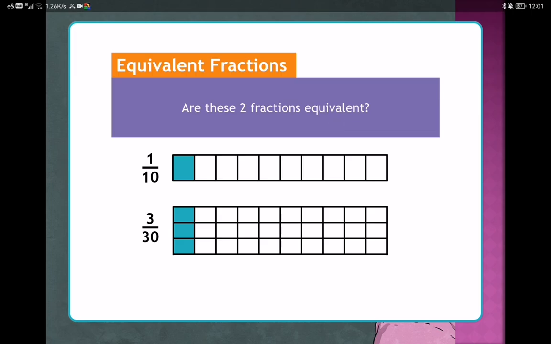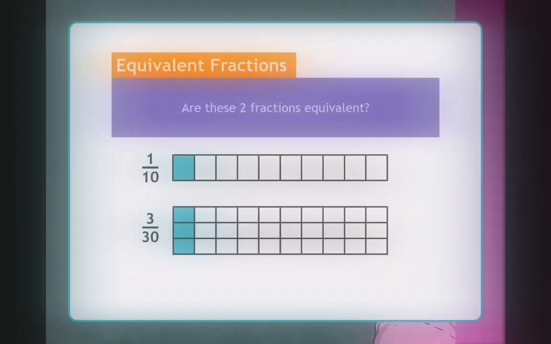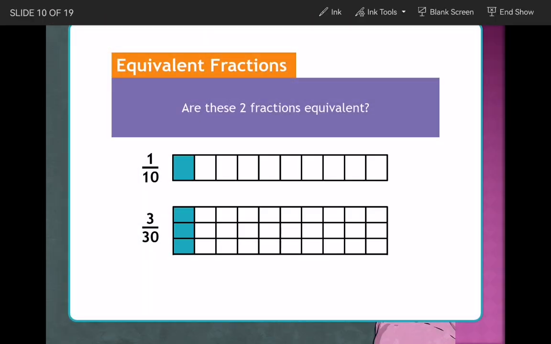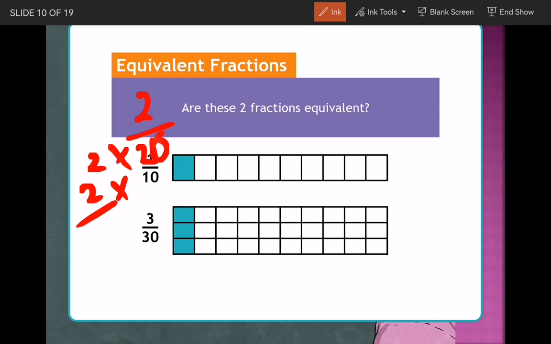So let's check by multiplication. If I said, for example, times 2 up and down, this will be 2/20. So it's not equal to 3/30.